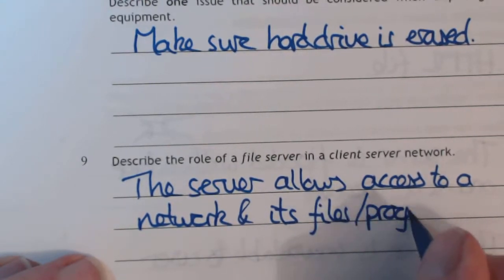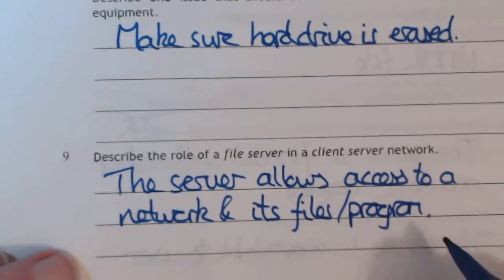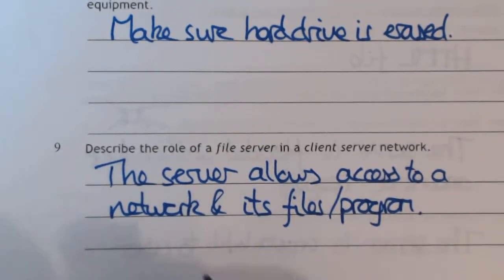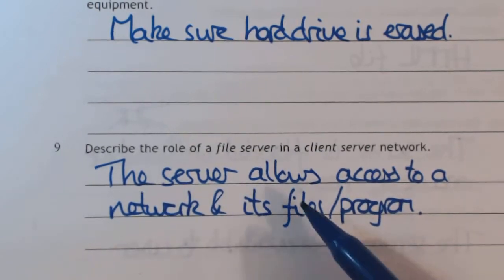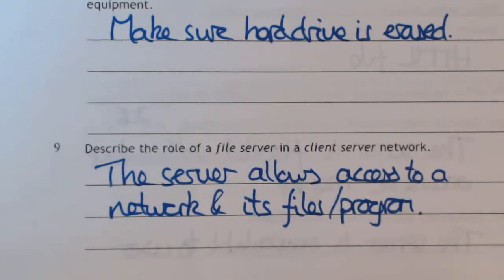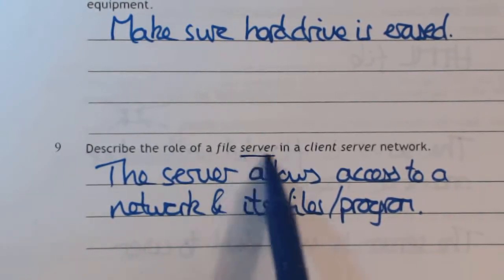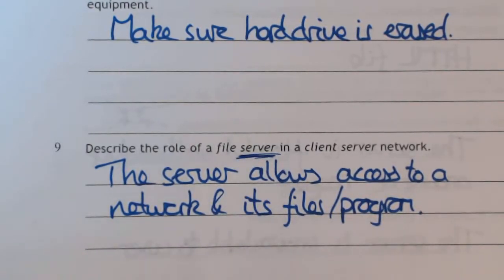So the server next door allows you to get onto this network to watch this video, and it allows you to access the media player that you're watching the video on, and if you're typing in any answers, Microsoft Word. Okay, so that's the role of the server. Think of it serving you, so it allows you to access resources. Right, so that's the second page.